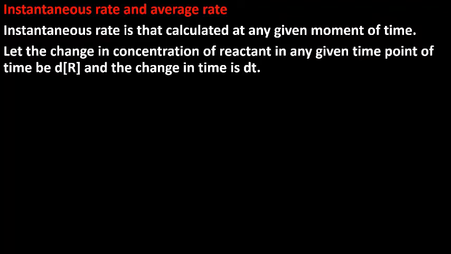Instantaneous rate is that calculated at a given point of time. Let the change in concentration of reactant in any given time or point of time be dR, and the change in time is dT.